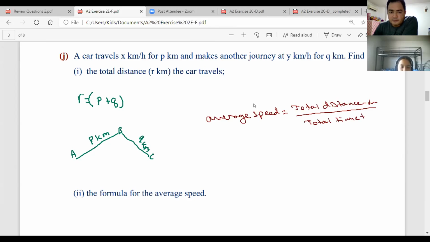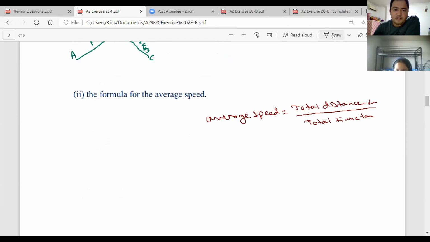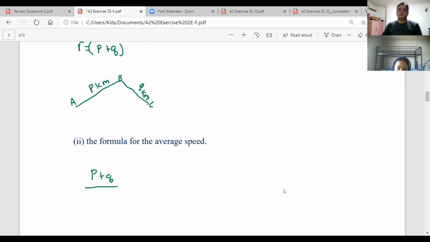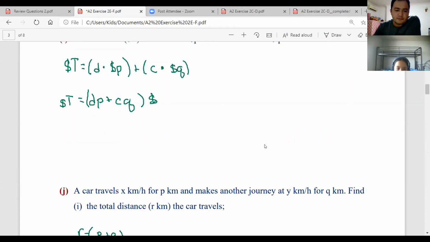Oh, so it's P plus Q over... no, not P plus Q. P plus Q over what? We have to find the speed.